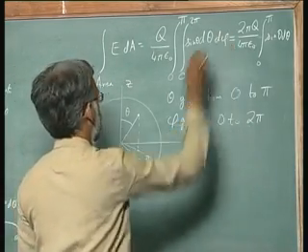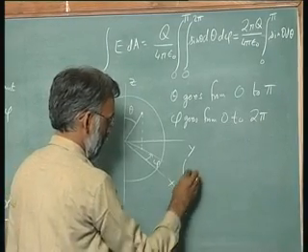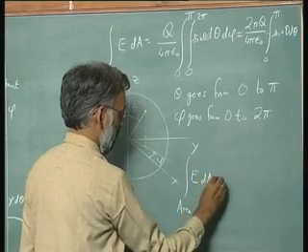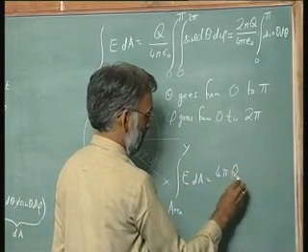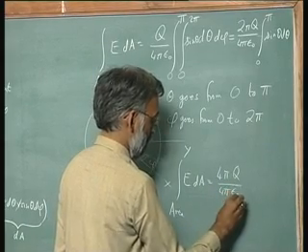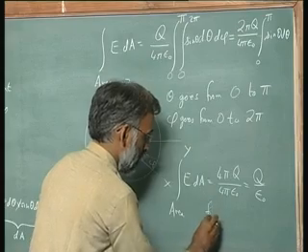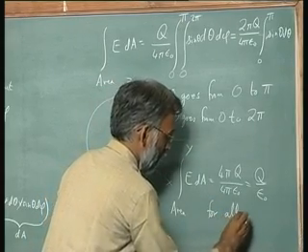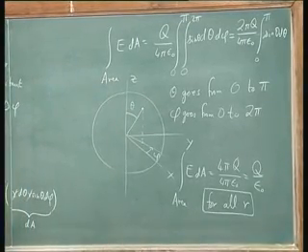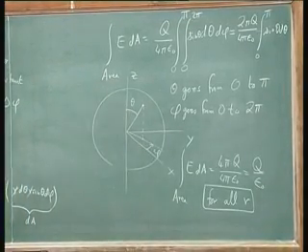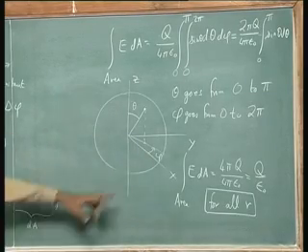So, this answer finally becomes integral over the area E dA is equal to 4 pi q over 4 pi epsilon naught, which is q over epsilon naught for all r, regardless of how big a sphere you work with, regardless of the radius, the answer is the same.